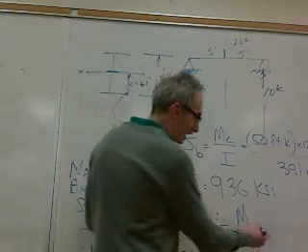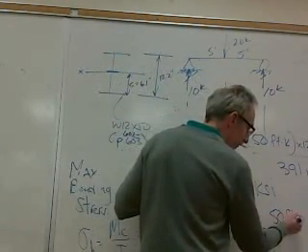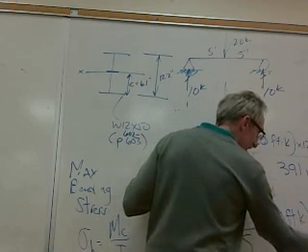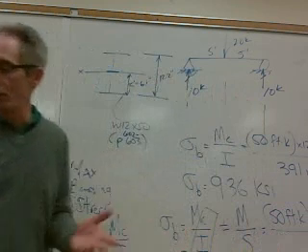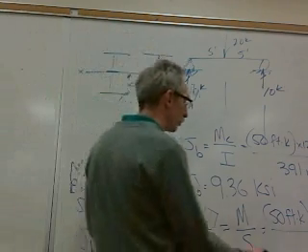So I could have done this very same problem, and you would have told me I got 50 foot kips a moment, right? And you would have said, hey, change that into inch kips. And I could have looked into the table for W12 by 50, and I could have pulled out the elastic section modulus, which would have been what? 64.2.